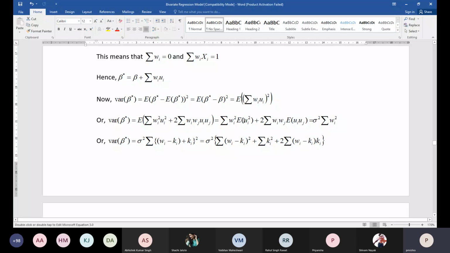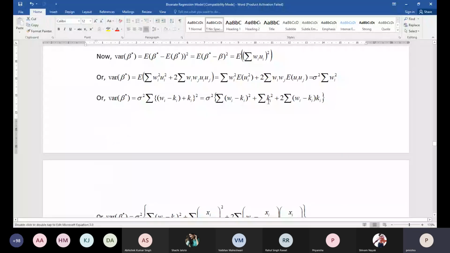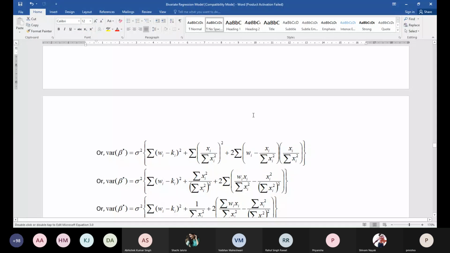And we had assumed that ki is equal to xi by summation of xi square, xi meaning small xi here. So what I am doing, just you see, I am just replacing the value of ki in the entire expression except the first part. You can replace that there also, but it is not required because we are not going to do anything on that part. Now from here we are getting this expression.